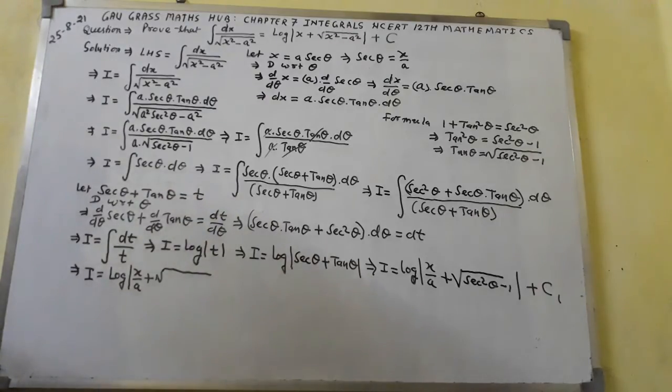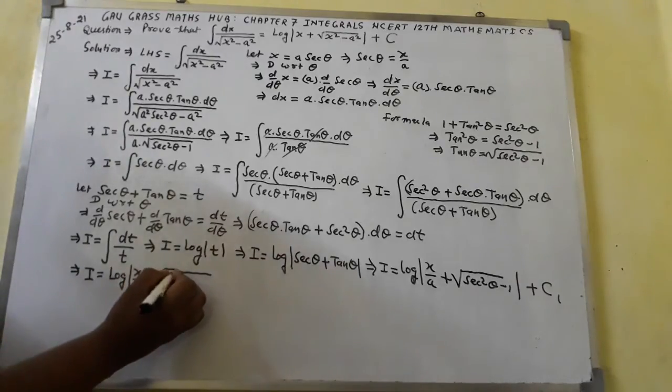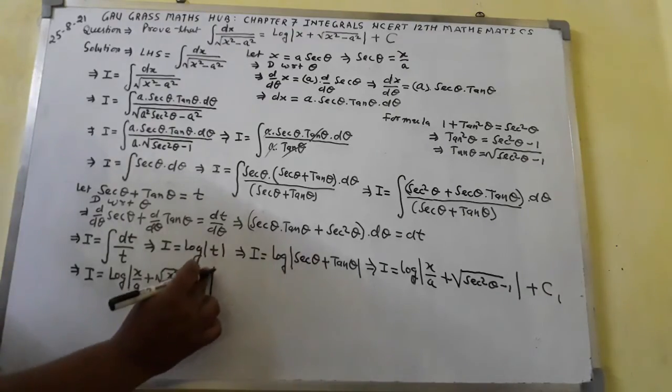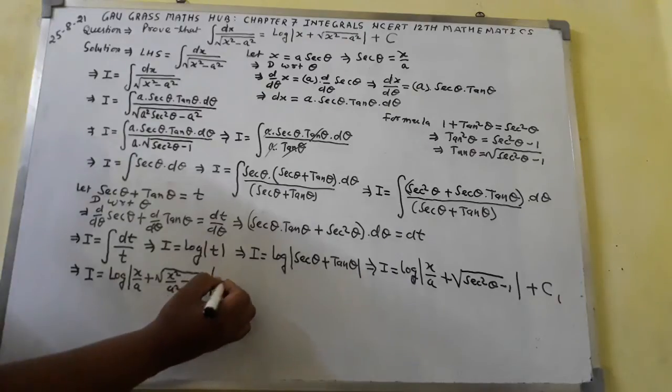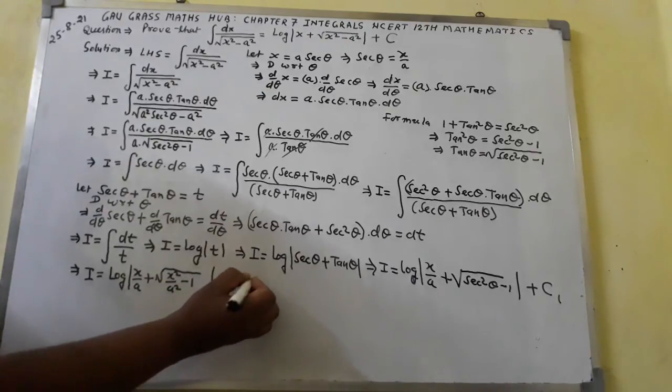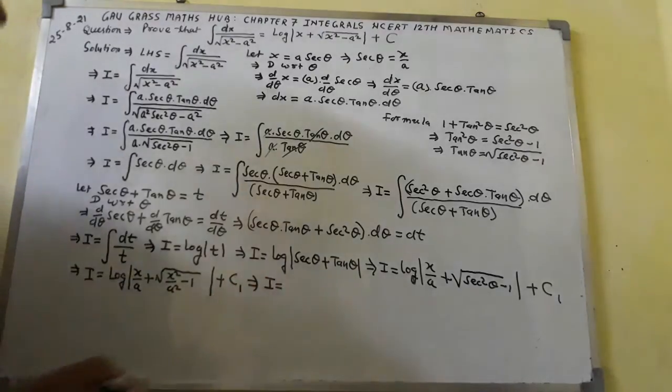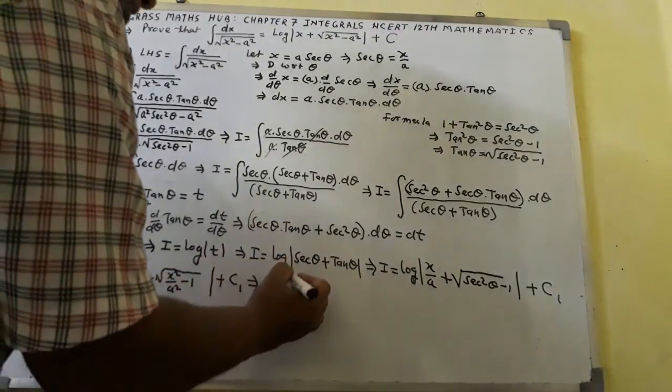So here in place of sec theta I shall write x over a. So sec square theta is equal to x square over a square, we shall get minus 1, mod I shall write plus C1, implies that I equal to, now do the process of the things here.